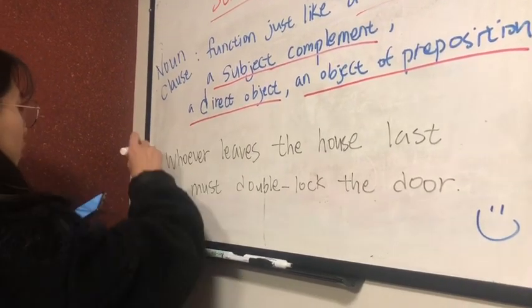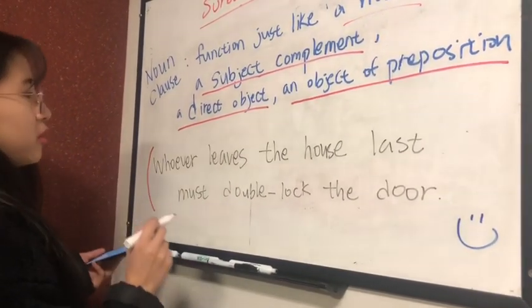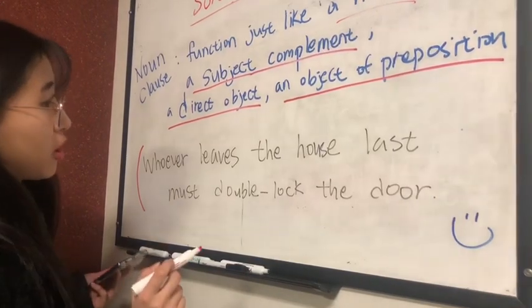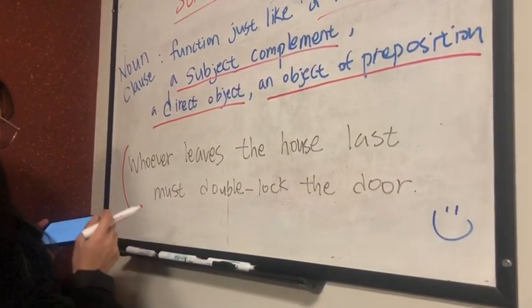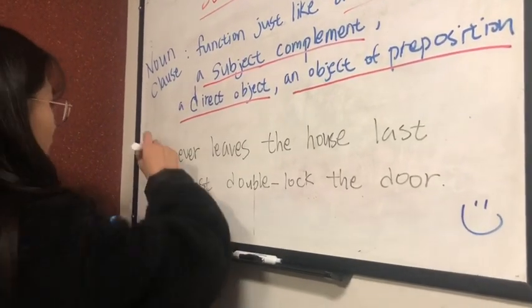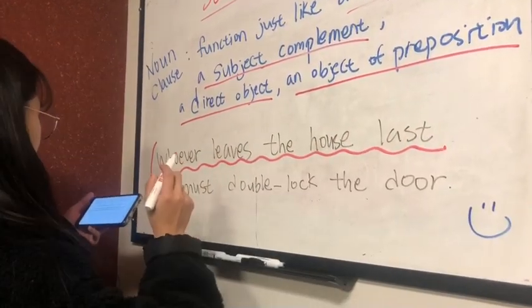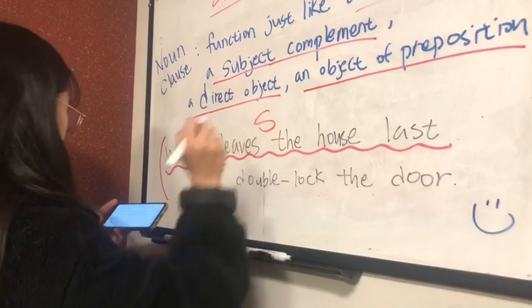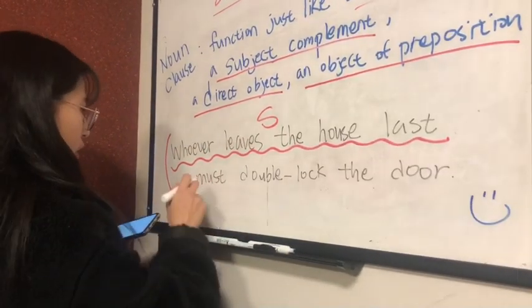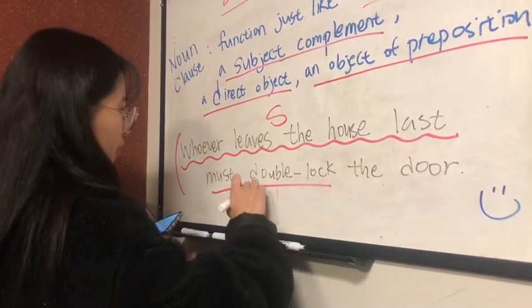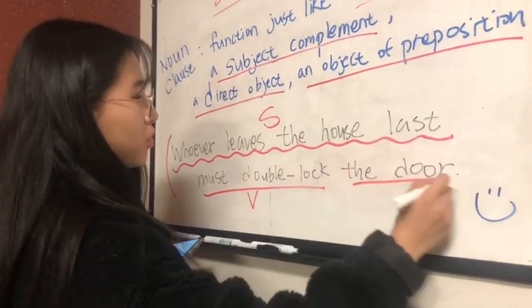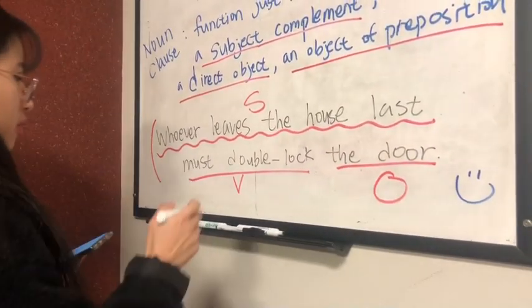Here's an example sentence: whoever leaves the house last must double lock the door. In this sentence, the noun clause is whoever leaves the house last because it works as a subject in the sentence. Must double lock is the verb part, and the door is the object.